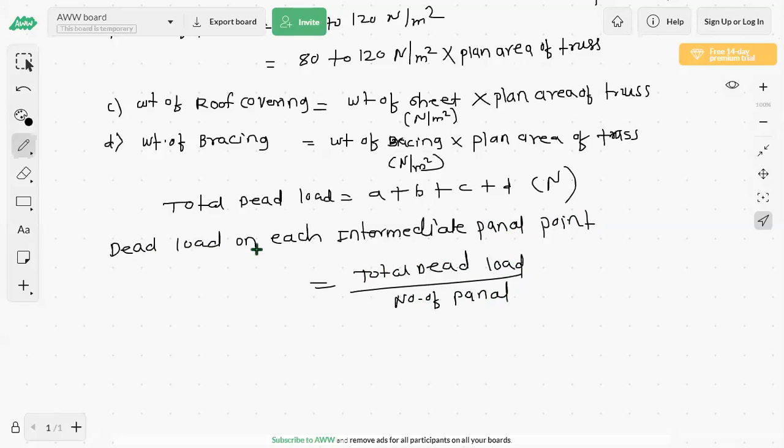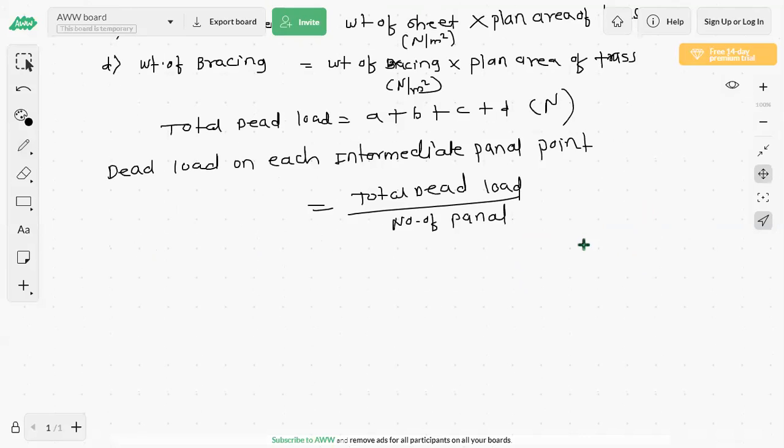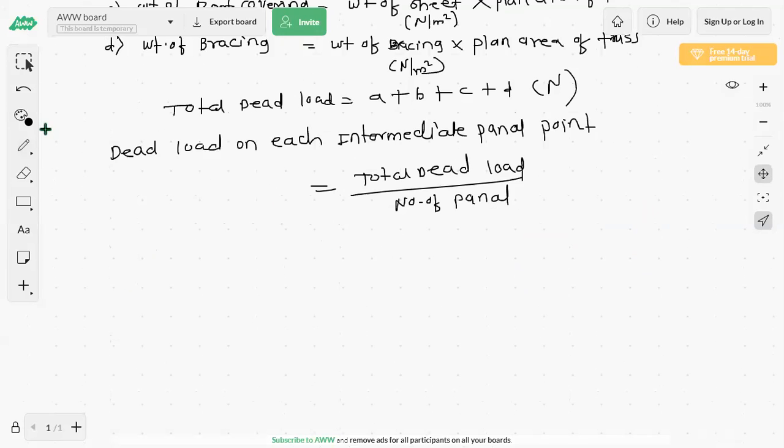So dead load on each intermediate panel point, I will show you which is the intermediate panel point. And here we have to calculate the dead load on each end panel point. The panel point I have shown in the figure is the panel point below the purlin.